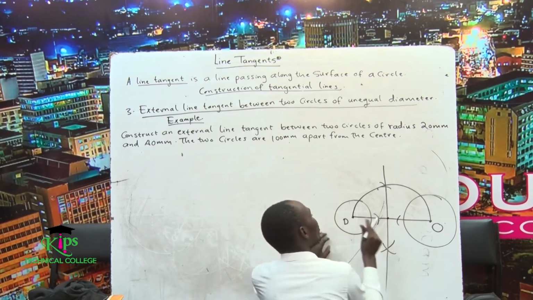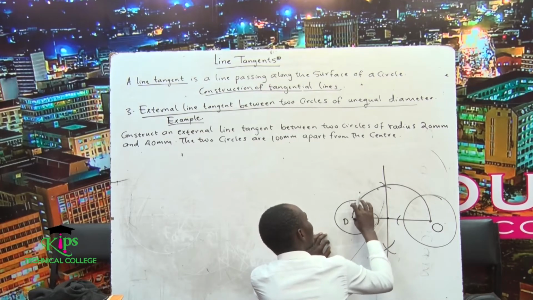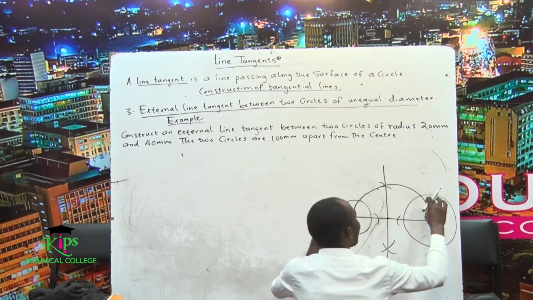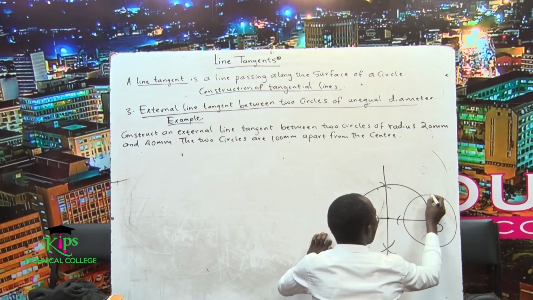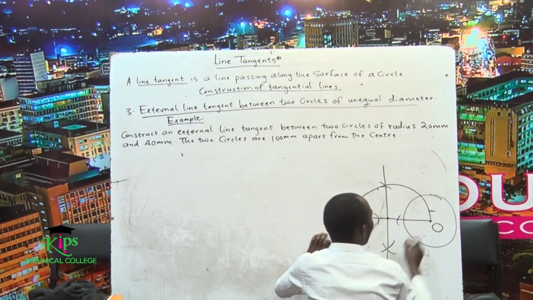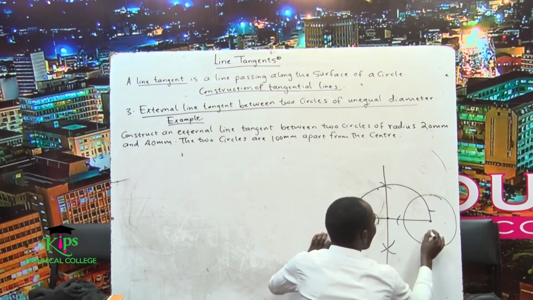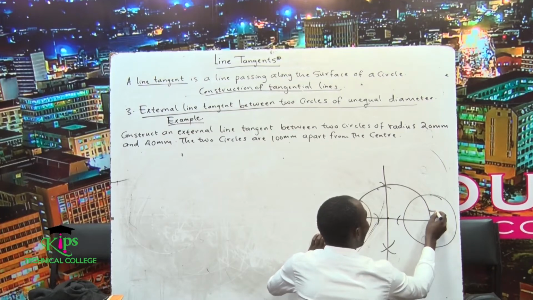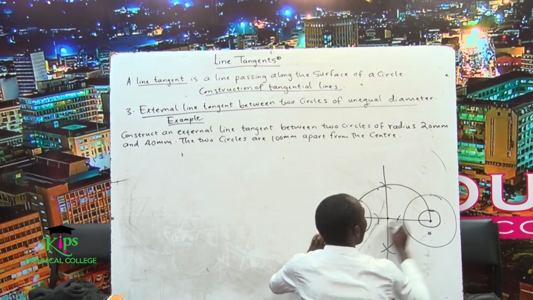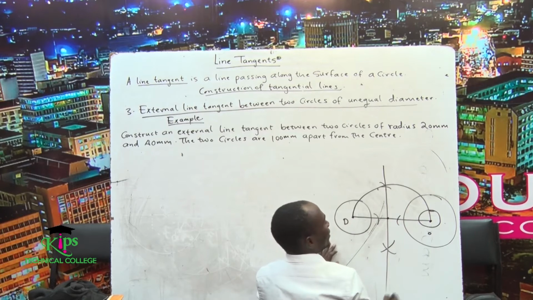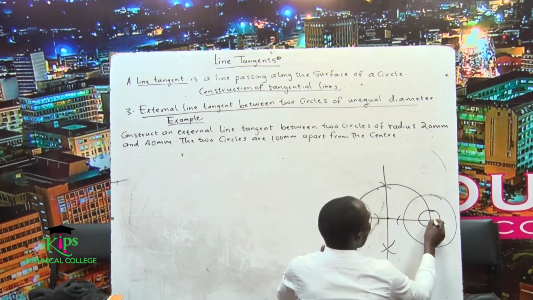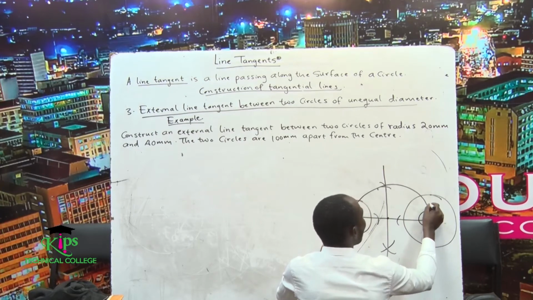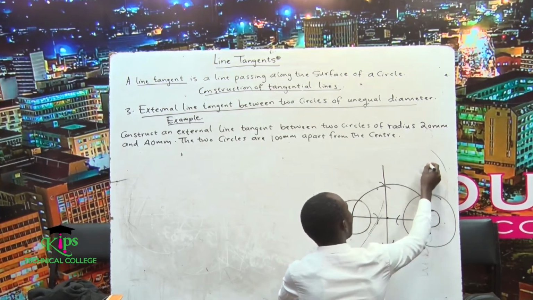Now again, you will take these measurements from this smaller circle, then standing at any point of this, you will mark. Then from there, you will stand here with your compass, then draw a semicircle. Then at that point whereby this line touches this smaller semicircle, you will extend that line.